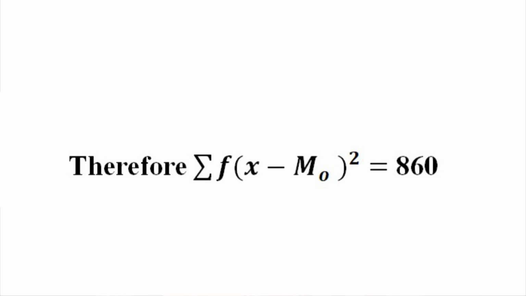Now, the sum of f into x minus mode square is 860.